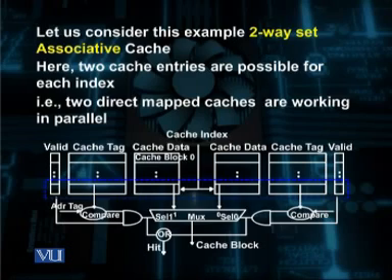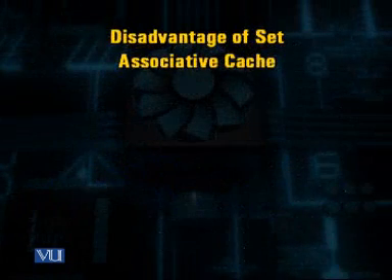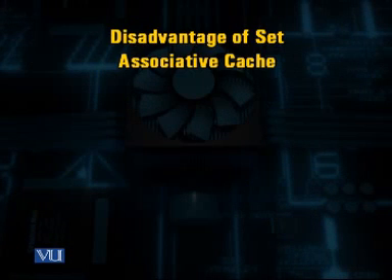Otherwise, we have a cache hit, and we will select the data on the side where the tag number matches. This is simple enough. However, it has got some disadvantages.